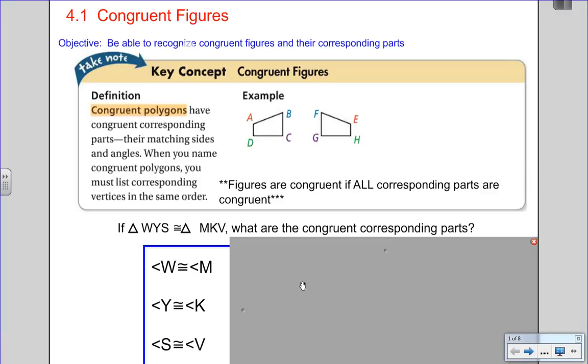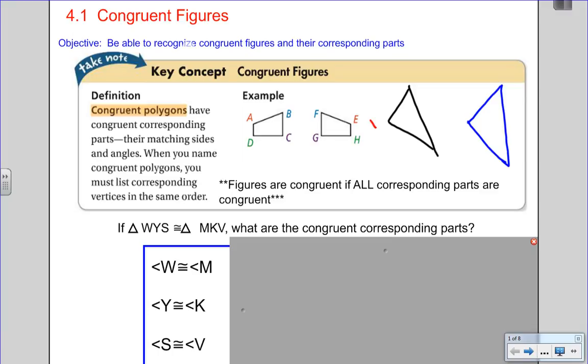So let's just see if I can create a couple triangles here to give you somewhat of a visual. Actually I'll erase that because that doesn't look good at all. They do have to look the same because they're congruent. Okay, good enough, just a little oversized.